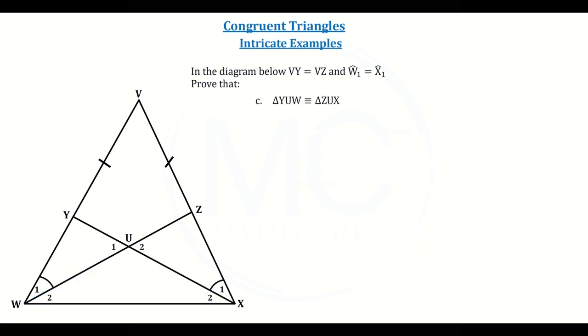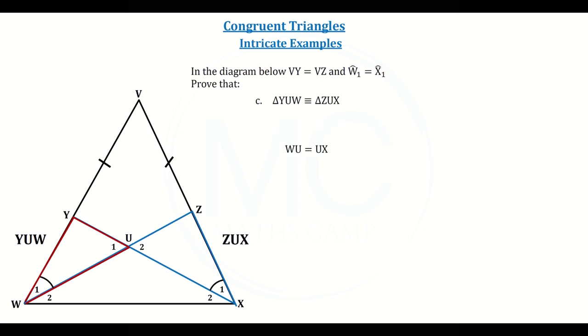Prove that triangle YUW is congruent to triangle ZUX. Let's start by marking our triangles on our diagram. Let's mark triangle YUW in red and triangle ZUX in blue. Now we can use the information we found in part B to prove that these two triangles are congruent. We have just found that WU is equal to UX.